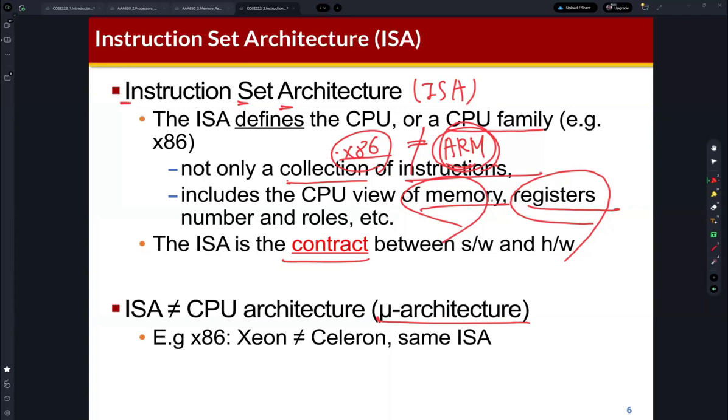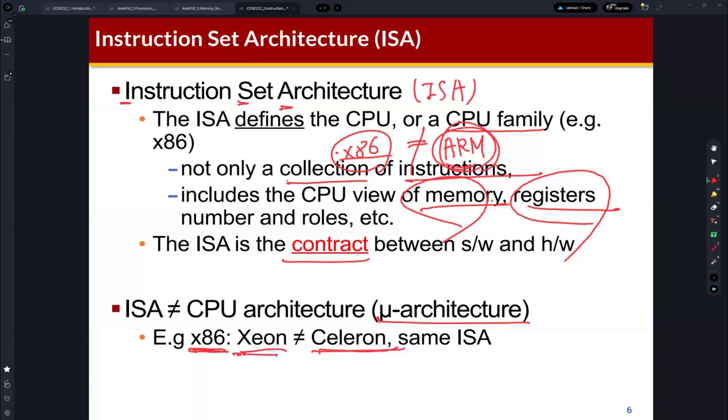For example, Intel Xeon is an x86 server CPU, and Intel Celeron, actually Celeron may be dead, anyway, Celeron is another family of Intel CPU for mobile devices.